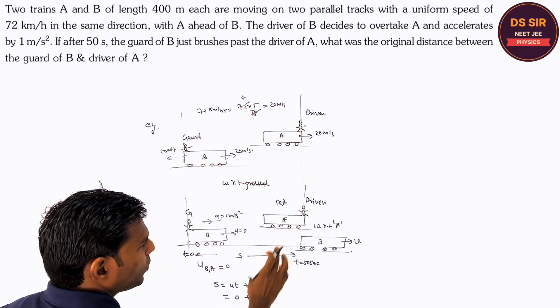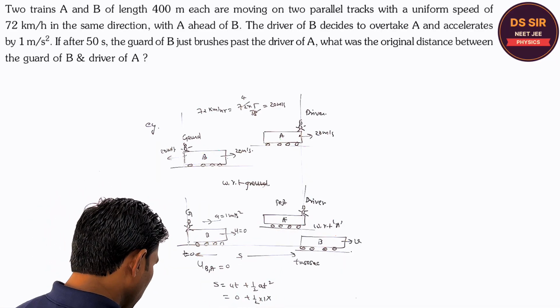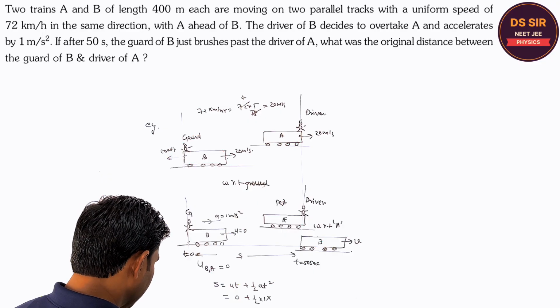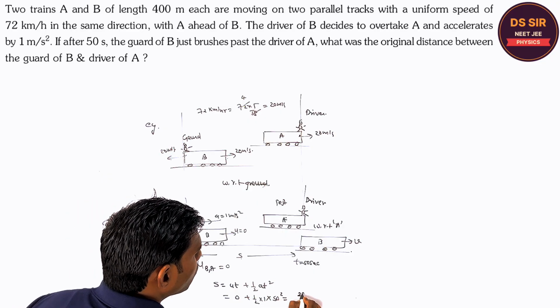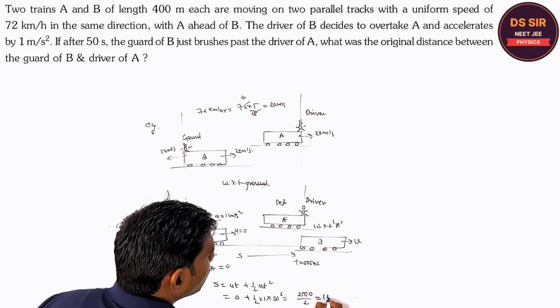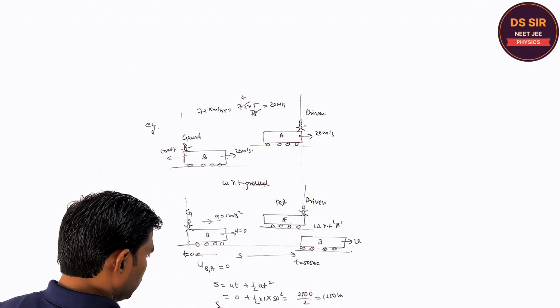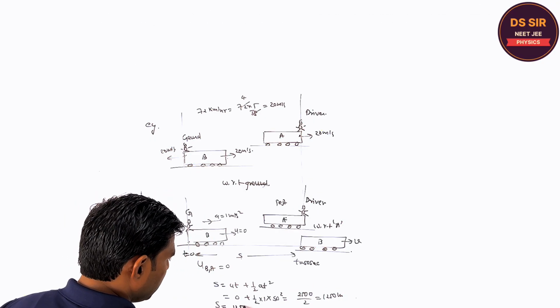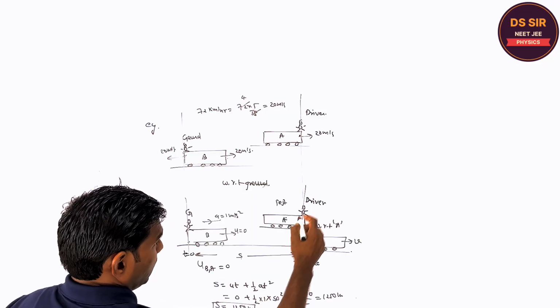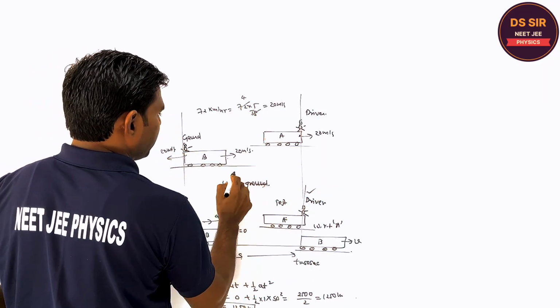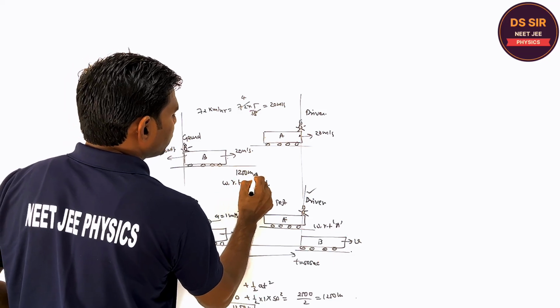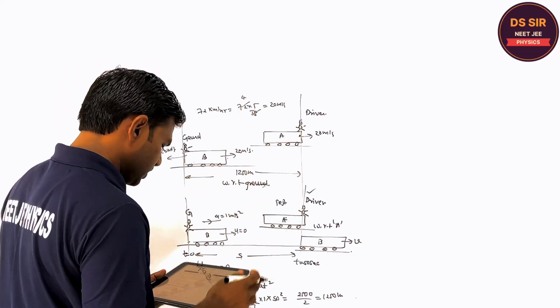Say 1, because the acceleration of A is 0, right? It does not have any acceleration. And what is the time? It is 50. So how much is it? 1250 meter. So the initial separation between the driver of A and the guard of B is 1250 meter, right? This is the answer.